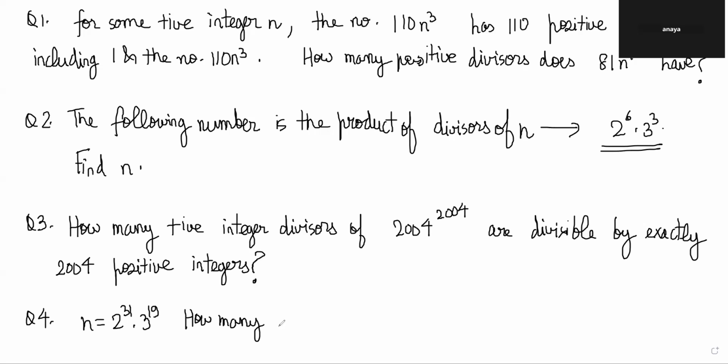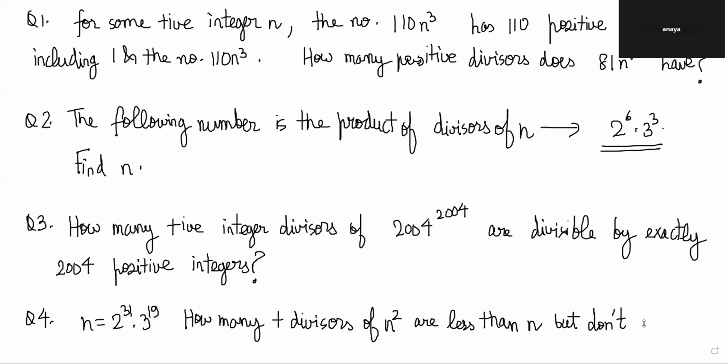How many positive divisors of n square are less than n but do not divide n? The number is given. You have to find how many positive divisors of n square are less than n but don't divide n. Okay.